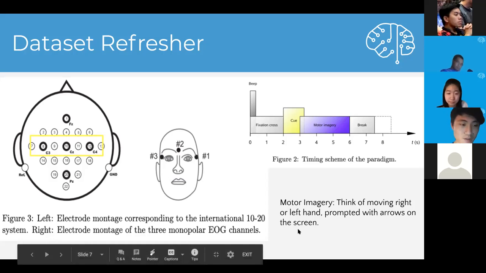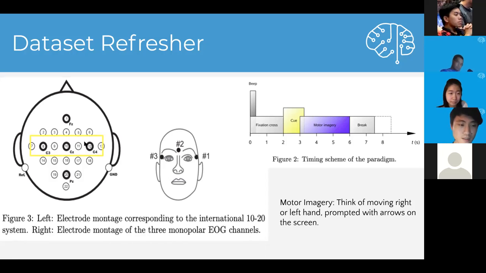We also defined where the electrodes are placed on the head, near the temporal sulcus, and we can see the letters under the electrodes, and also where the EOG electrodes are placed.